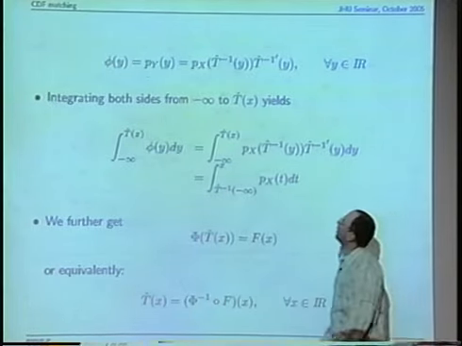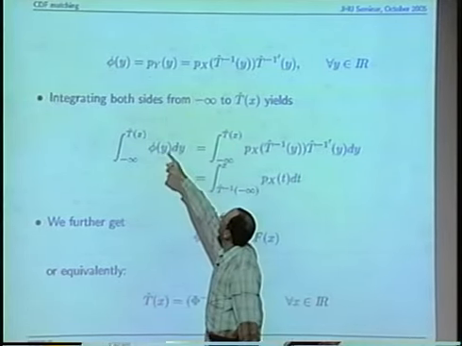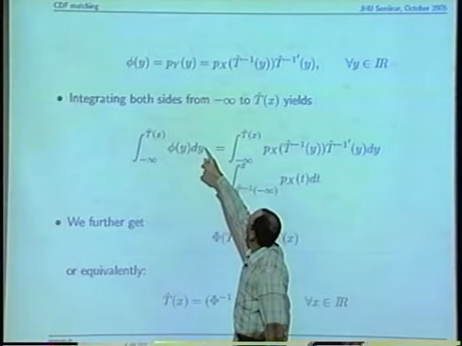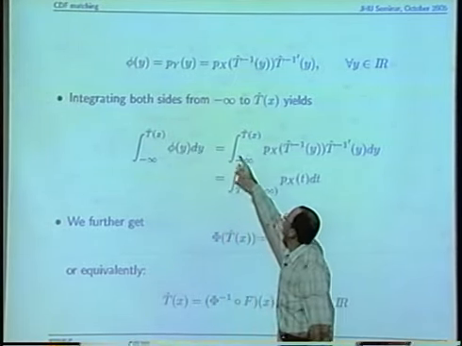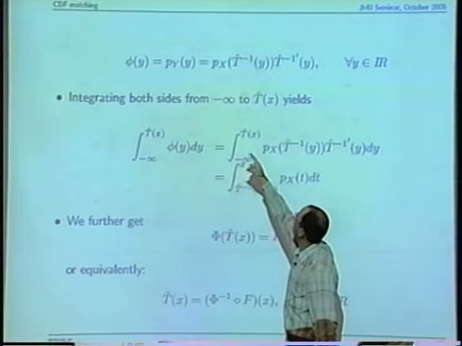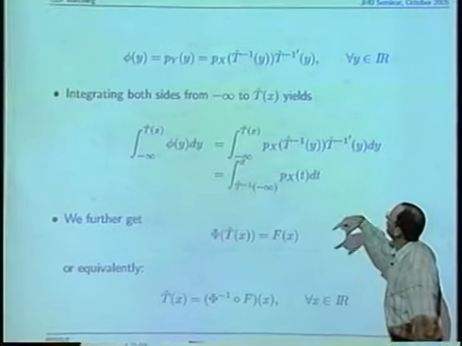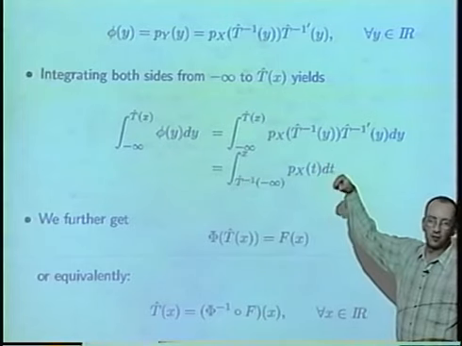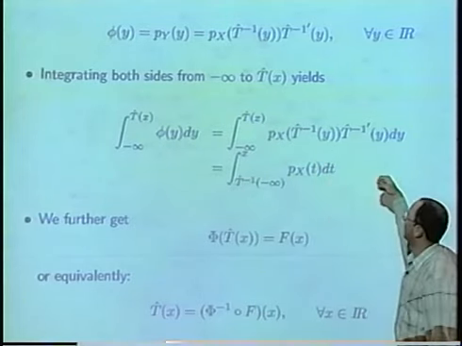So we say that lower phi of y has to be the same as the probability of the random variable Y evaluated in lowercase y, which from the previous slide we can relate to the probability in the original space of the random variable X. Okay?